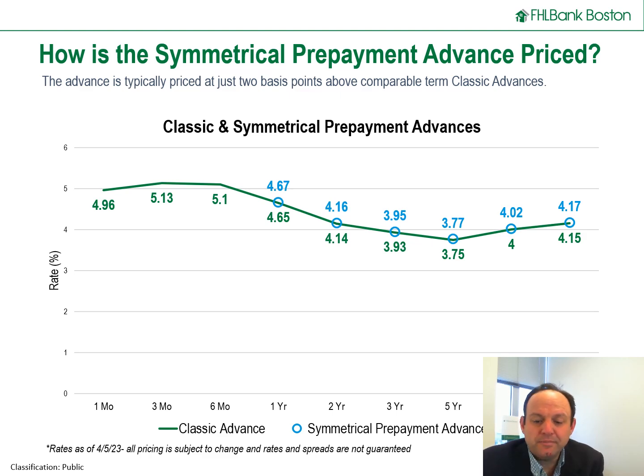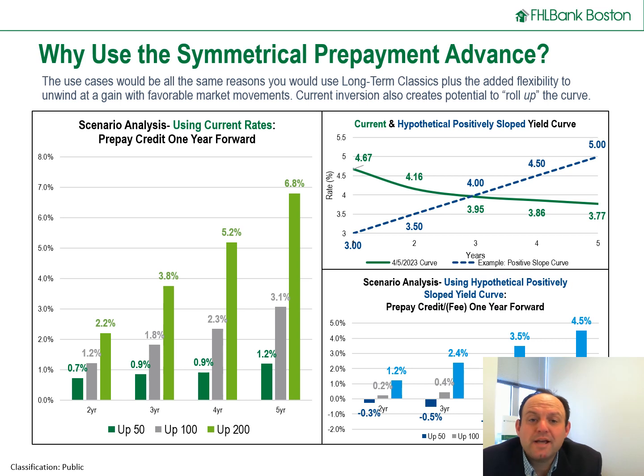So when we ask the question, how and why would we use the symmetrical prepayment advance, the answers to that question are going to be the same ones that you would ask yourself when using the long-term classic advance. So it would be to manage liquidity risk or interest rate risk, either at the asset or group of asset level, or even at the overall balance sheet level.